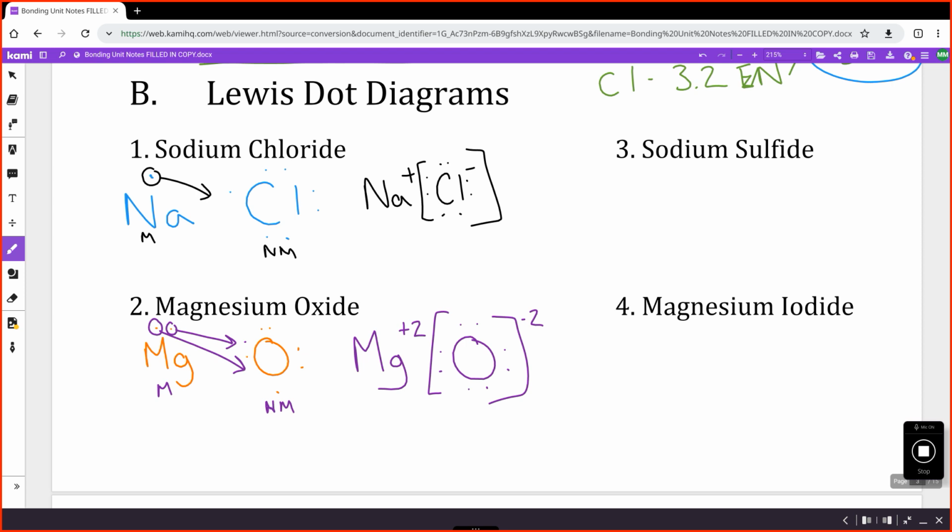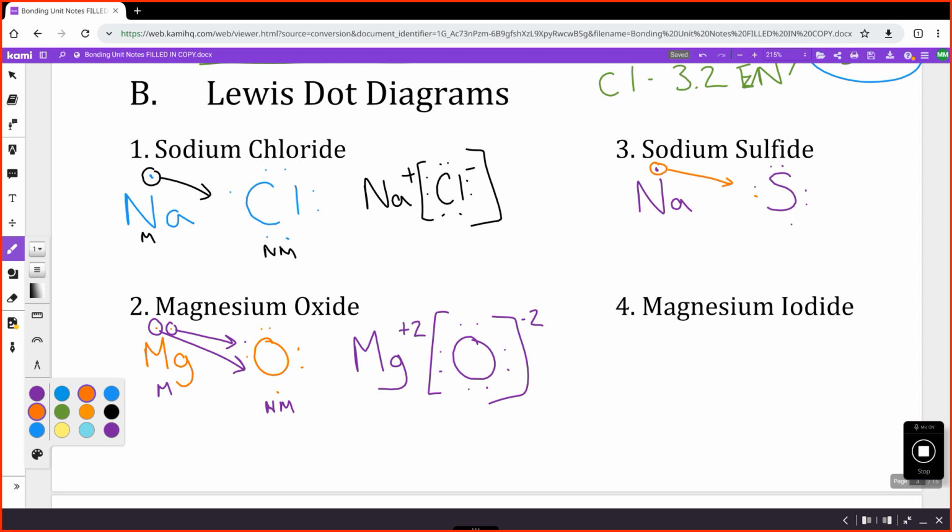Things get a little tricky with these other 2 examples, so I'll show you how problems can arise. We will have sodium and sulfur. 1 valence electron and 6 valence electrons. At the start, it's the same process, right? The metal will give its electron to the nonmetal. So there's one good thing and one bad thing that comes out of this.